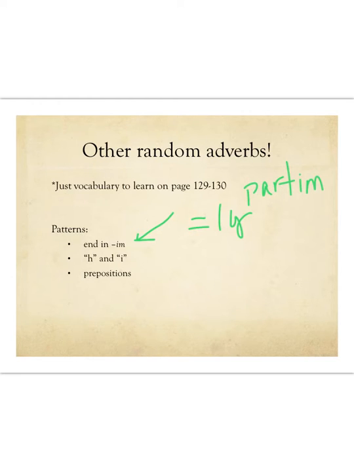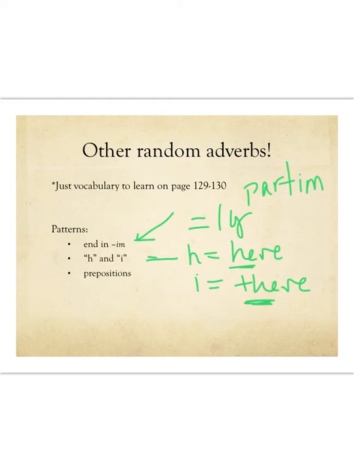But most adverbs don't have this im ending, so we just learn the handful that do. There are also some that begin with an H or an I, and these are the here and there words. So the H's, conveniently, are the here words, just like in English, and the I words are the there words. So you want to look at those and learn them. We'll go over them and start using them a lot in class.